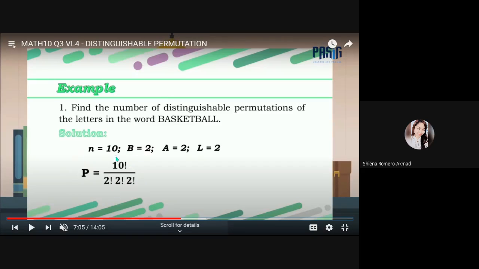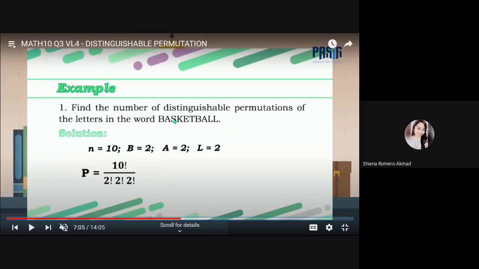Actually, the sum of the denominator should be 10, so what is lacking are the items or objects that appear only once. So actually, it should be 10 factorial divided by 2 factorial times 2 factorial times 2 factorial times 1 factorial times 1 factorial times 1 factorial times 1 factorial.